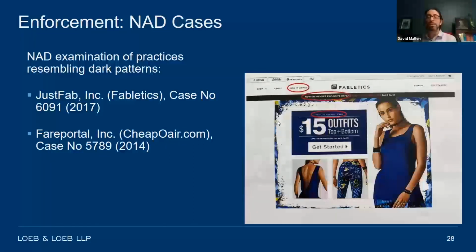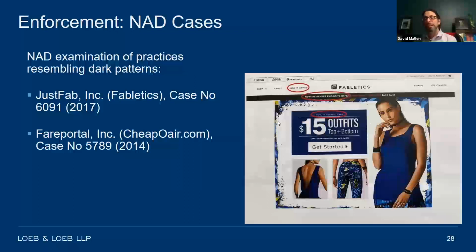And Jason gave the examples of the privacy statutes that are expanding to specifically reference dark patterns when they're talking about opt-outs, pre-checked boxes, misdirection, and those kinds of things. But the other self-regulatory entity that's very much involved in policing the frontiers of this space is the National Advertising Division, the NAD. Those of you that are familiar with the NAD may know that what they are primarily involved with are competitor disputes.